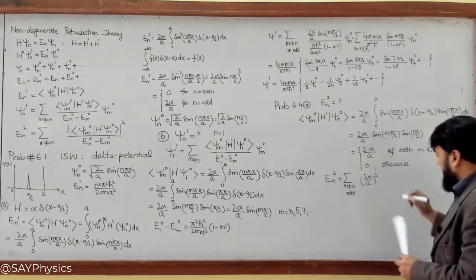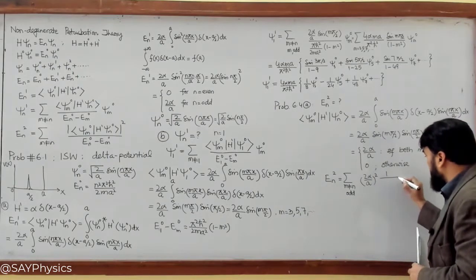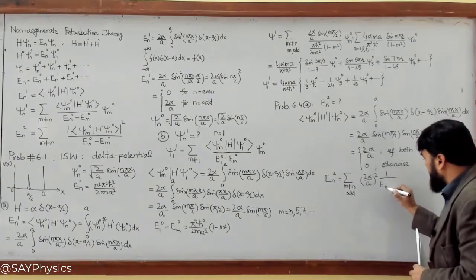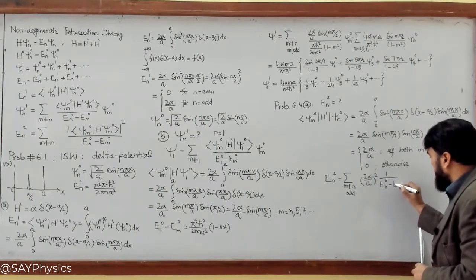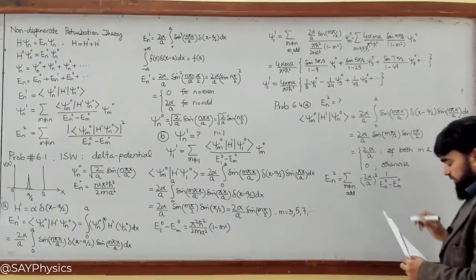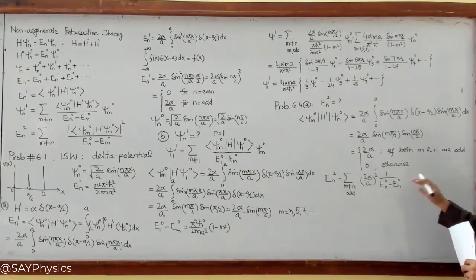And then 1 over En0 minus Em0, for odd m and n.